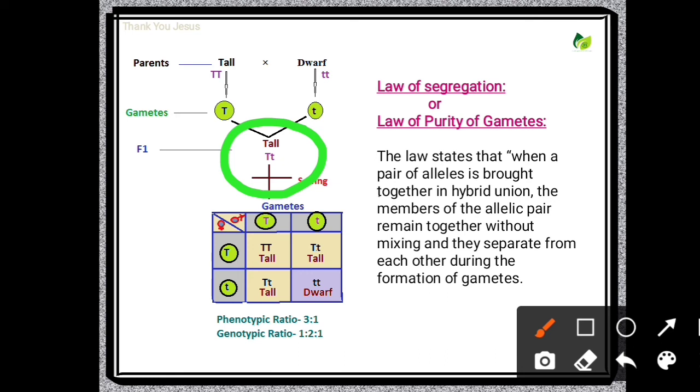When they are self-pollinated to get F2 progeny, during the gamete formation in F1 plants, they are separated from each other. That means the two alternative alleles present in the F1 hybrid plant do not mix or blend and they are separated from each other during the formation of gametes.